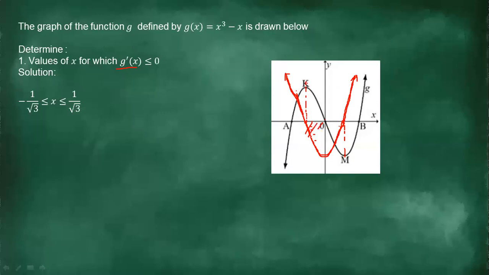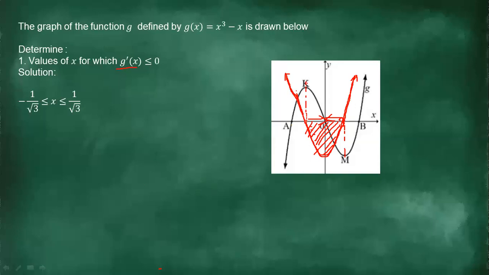Let me just do it. This portion that I'm trying to mark is where the graph is less than or equal to 0. So it's from this point here to this point there, so you can see the arrows are facing each other.